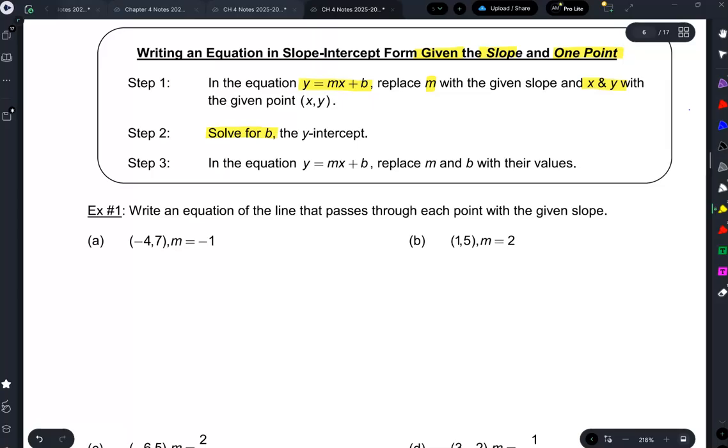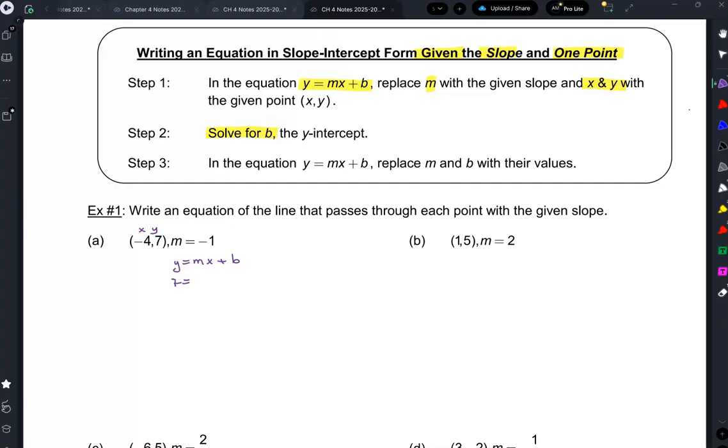I have to write an equation of the line that passes through this point, and this is the slope. So now I have m, but I don't have b. Instead of b, now I have x and y. My equation is the same. y equals mx plus b. So now, what's the y here? 7.